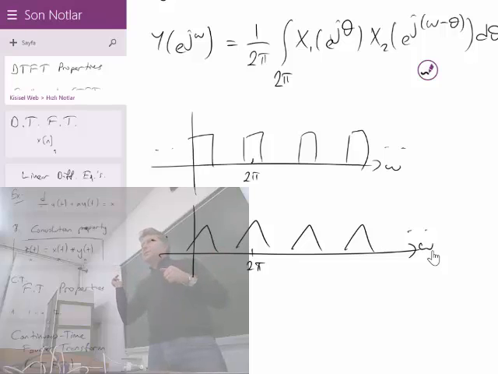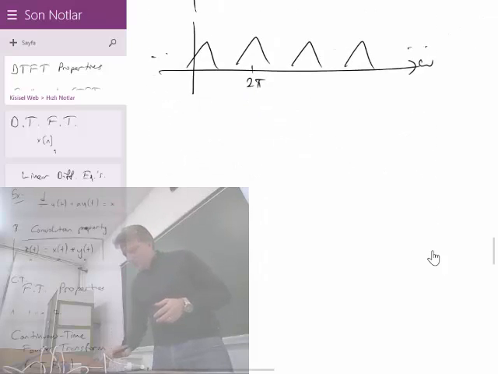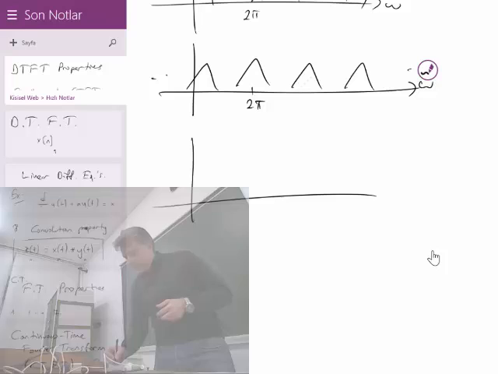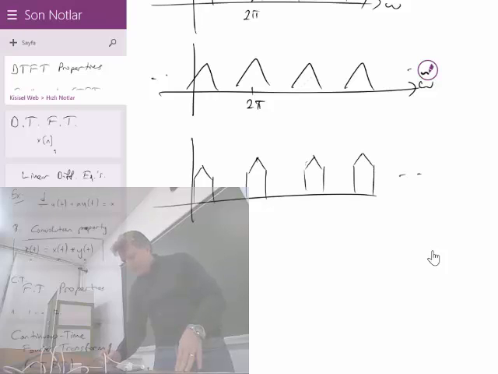And if you integrate it from minus infinity to infinity, what will you get? The multiplication will be something like this, maybe, I don't know. Let's imagine that it is like this. If you integrate it for all omega, what will be the value? What's the integral of this from minus infinity to infinity?